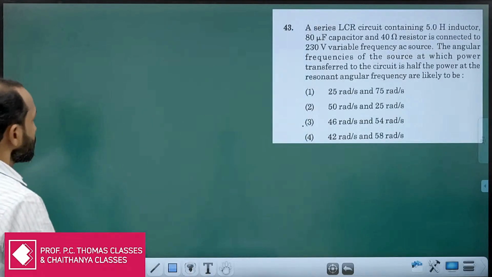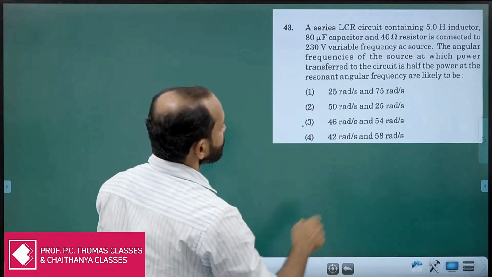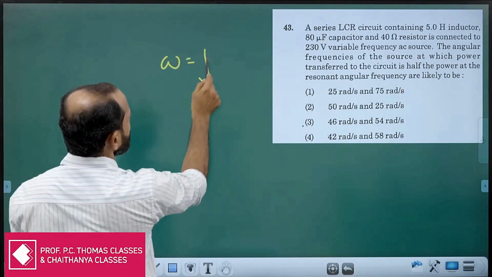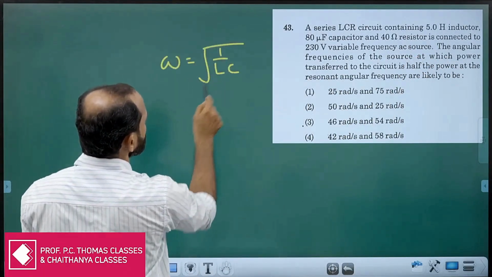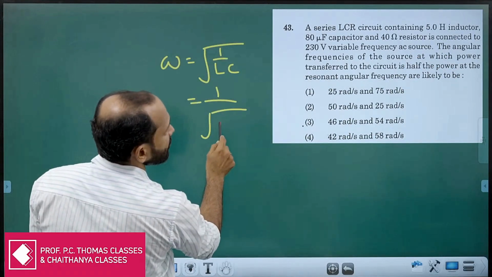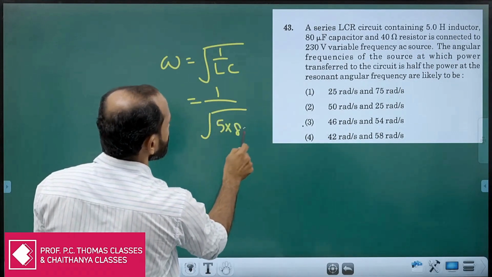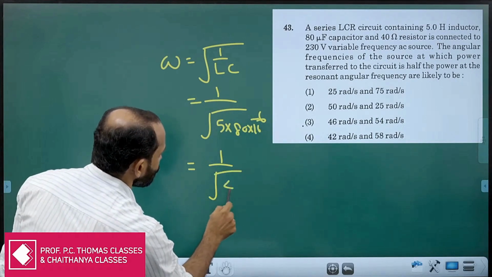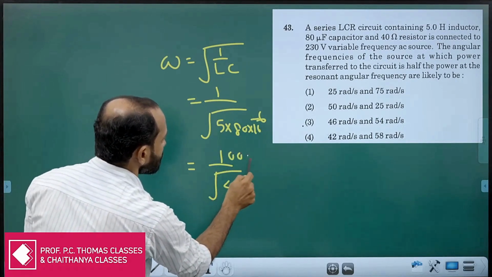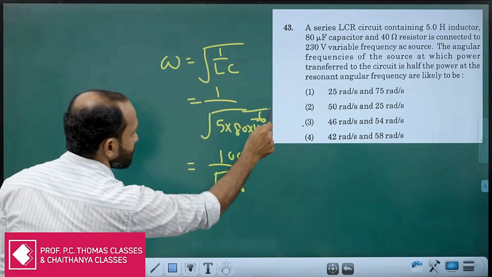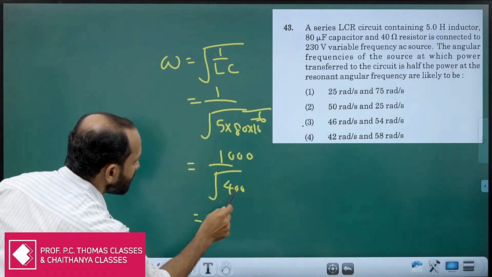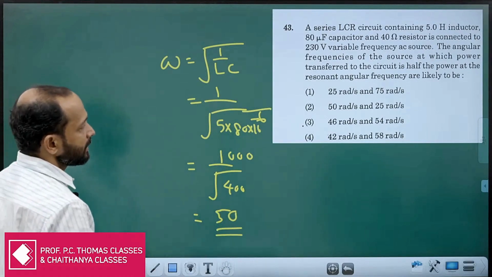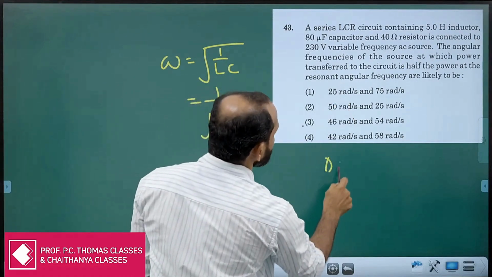Fourth option. 43. LCR circuit, 5 Henry inductor and capacitor. You first find omega. Omega is 1 by root LC. 1 by root of L, which is given 5, C is given 80 into 10 power minus 6. 1 by root of 400, here you write 1000; 10 power minus 3 goes up. Then you get 1000 by 20, which is 50. So 50 radian per second. Now you find delta omega.